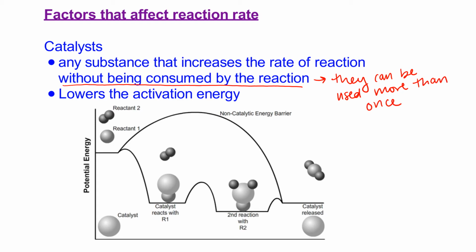And the way that catalysts increase the rate of a reaction is they lower that activation energy. So the lower the activation energy, the more likely the particles are to be able to obtain that energy, and the quicker that the reaction can happen.